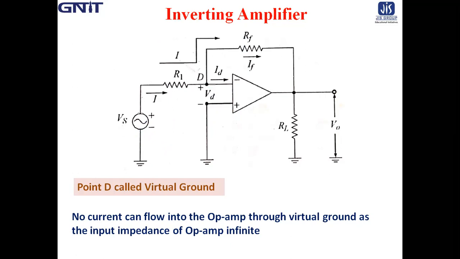So, the source voltage Vs is connected in series with a resistance R1 at the inverting input terminal of the op-amp. A feedback resistor RF is connected between the output and the inverting input terminal.